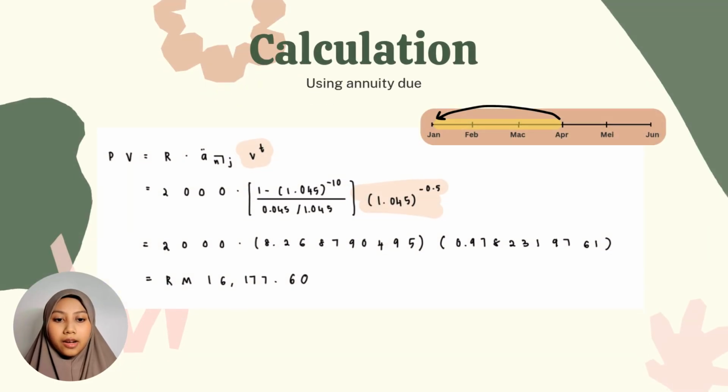So this is the calculation that I made to solve this problem. Using the annuity due formula, PV equals R multiplied by a double dot angle n, multiplied by v power of t.